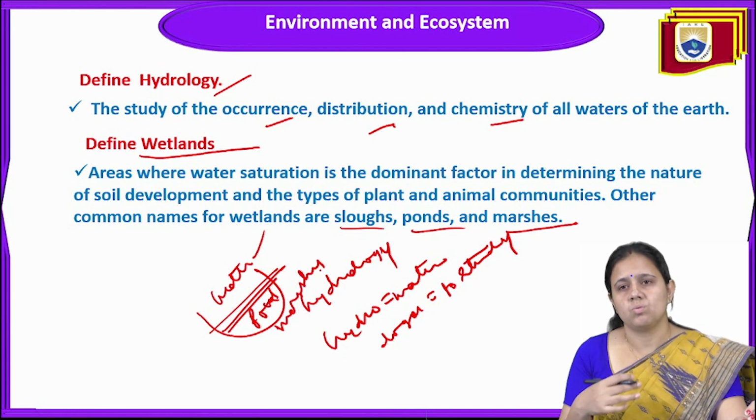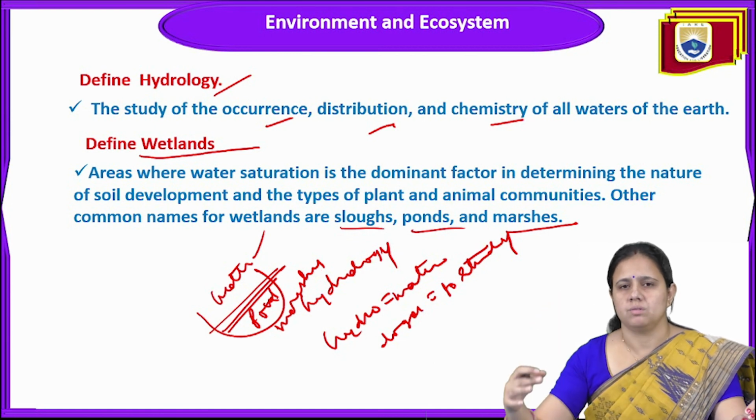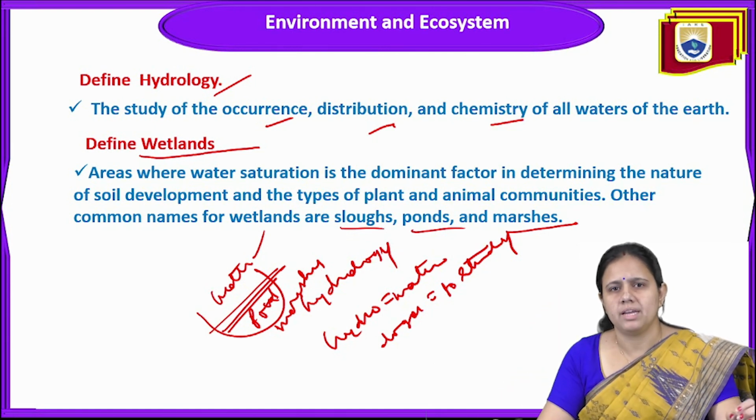Wetland is where the water table comes up to the soil surface, and naturally it comes out. This kind of condition we can define as a wetland.